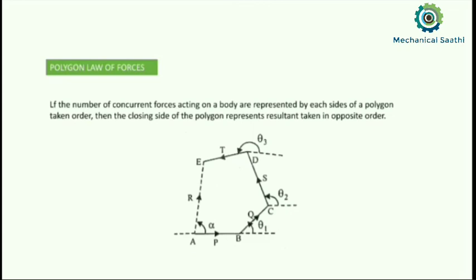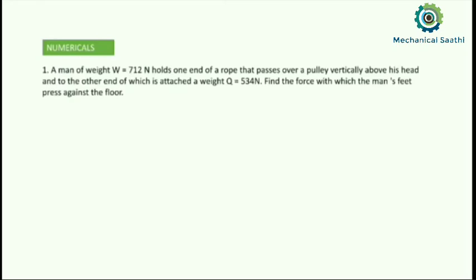Okay, so now moving next we'll try to solve a numerical. Let us read it fast. A man of weight 712 Newton holds one end of a rope that passes over a pulley vertically over his head, and the other end of that rope is attached to a weight Q. Find the force with which the man's feet press against the floor.